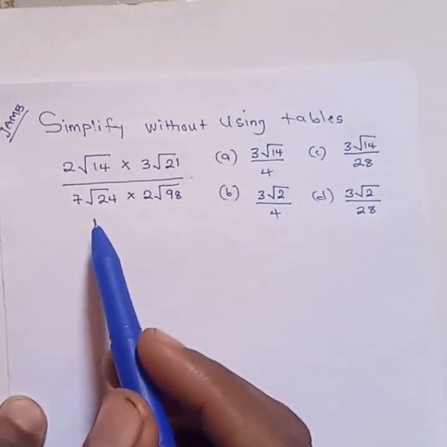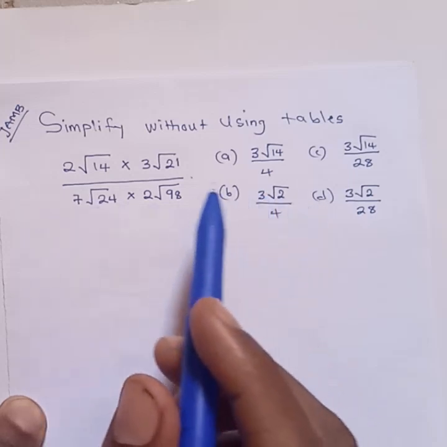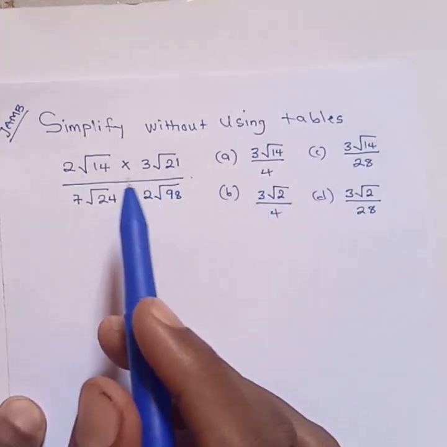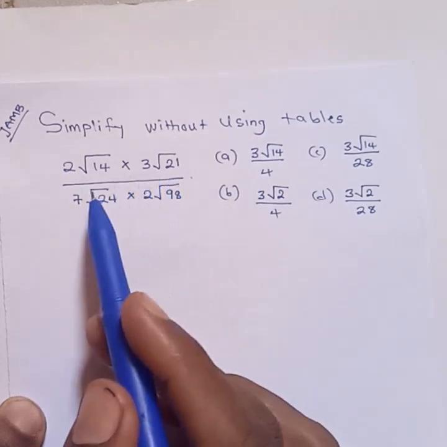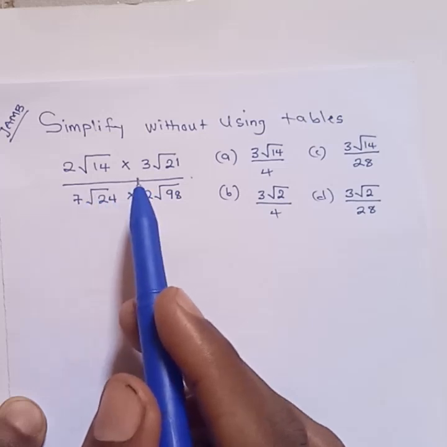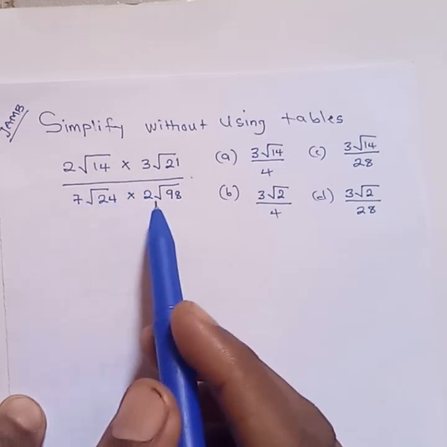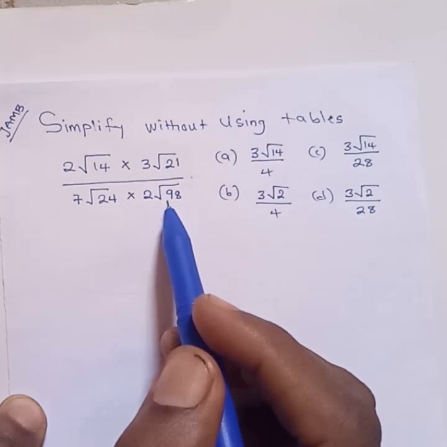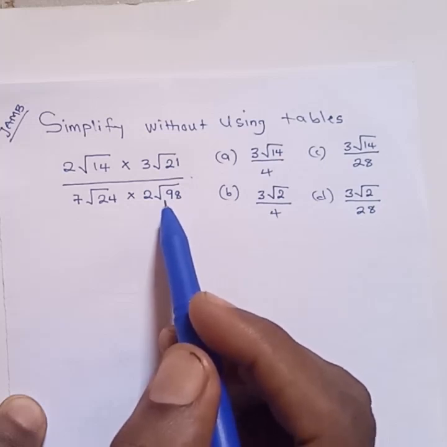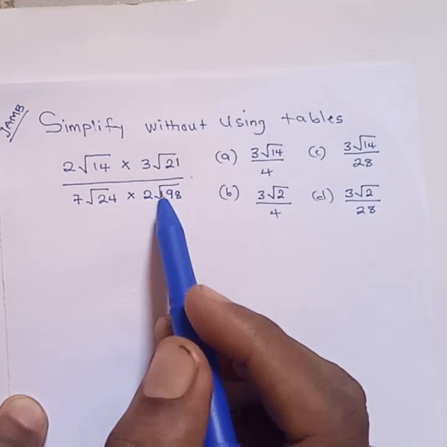When simplifying sorts, the logic is simple. Always check if the number inside the square root, like this and this, can be expressed as a product involving a perfect square number. For example, this is 98, and 98 is the same thing as 49 times 2, and 49 is a perfect square number.